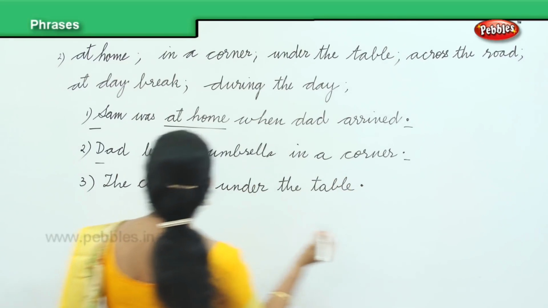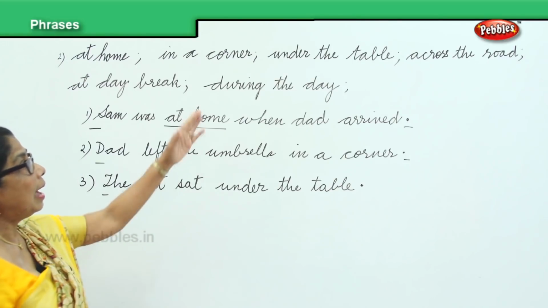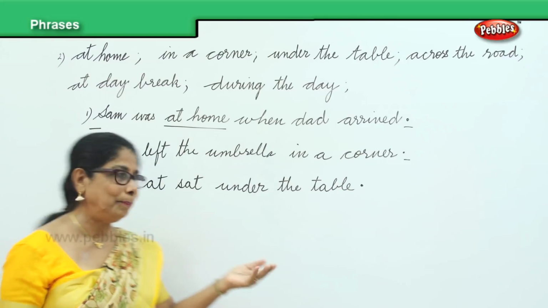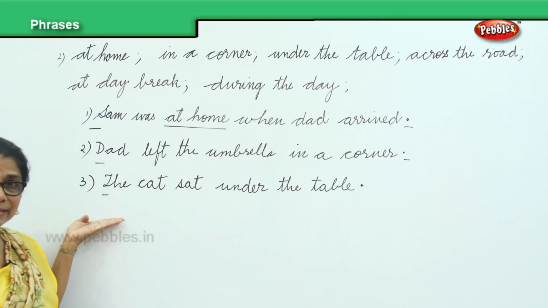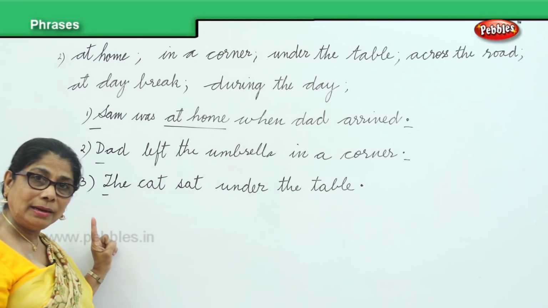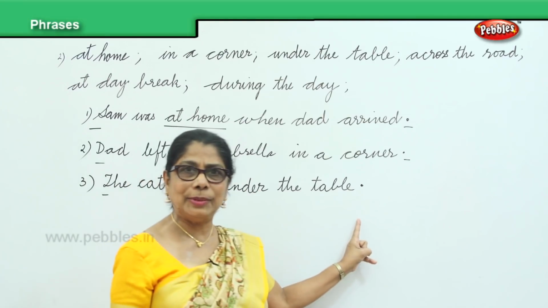And we end with the full stop. We begin with the capital letter. Under the table makes sense, but not complete. So we say, the cat sat under the table, begins with the capital letter, ends with the full stop.